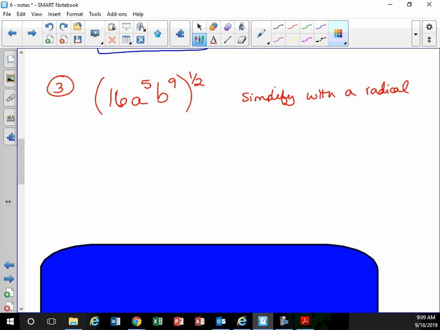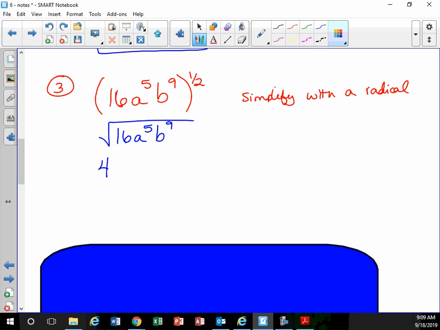Okay, what does the 1/2 outside the parentheses mean? Square root. So this is really the square root of 16, a to the 5th, b to the 9th. Do we know the square root of 16? Yes. 4. Okay. Now the variables here. It's a to the 5th.